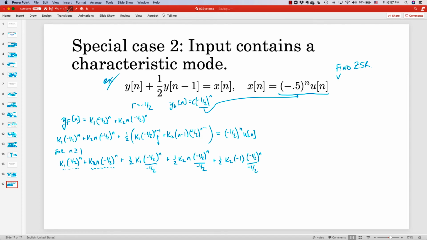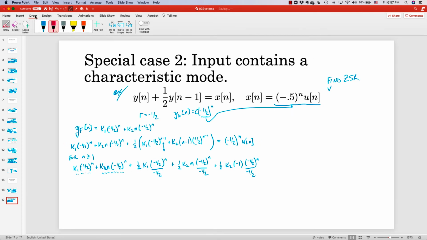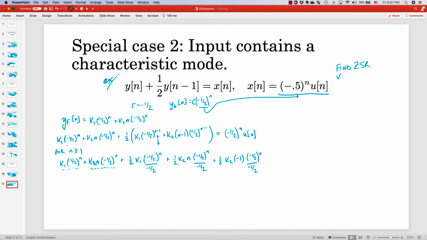So let me make sure that everyone follows where each of these terms came from. This one went straight down, this one went straight down, this one came from there, and the n I tracked there, and the negative 1 I tracked there.